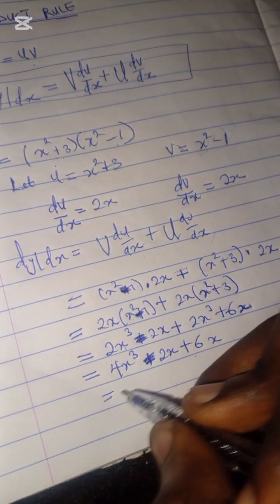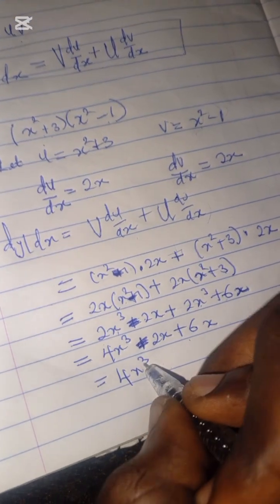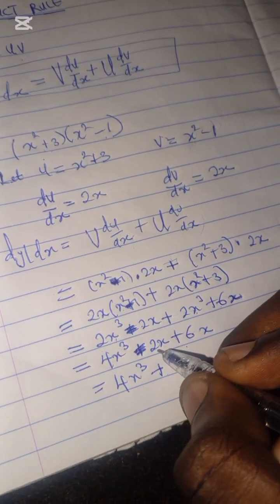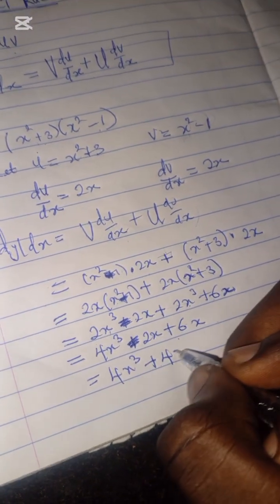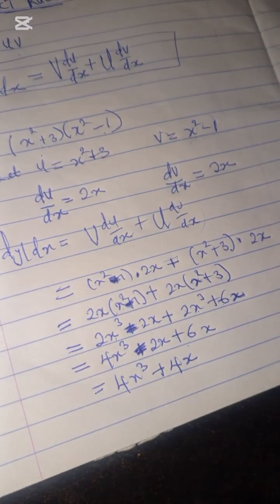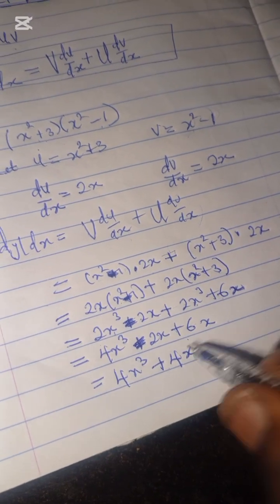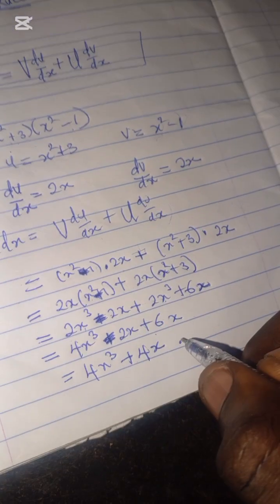So your final answer should be 4x cubed plus 6x minus 2x. That should be 4x. So 4x cubed plus 4x. Yes, this is our final answer.